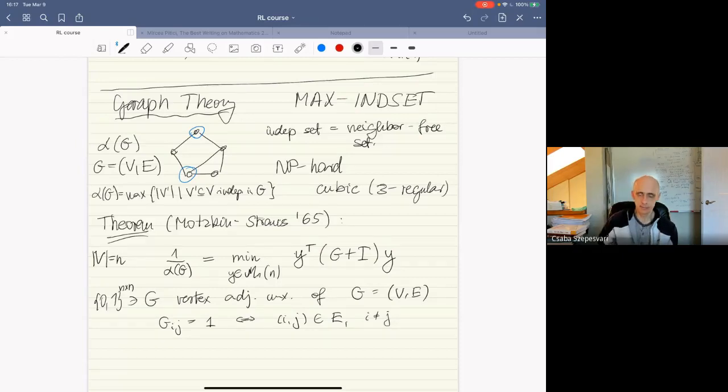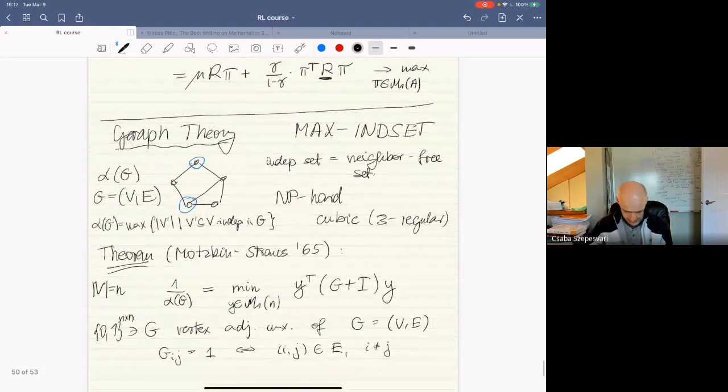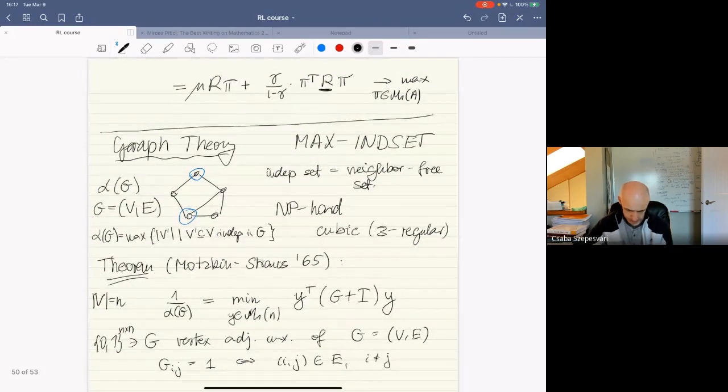Okay, so there is this theorem, and this tells us that maybe this maximization problem is hard. Well, how come? This other problem is a minimization problem, but that wouldn't stop us, because we can just choose R to be the negative of G plus I. So it is going to be a reduction. You're going to say that if I can solve the policy search problem, then I will be able to solve the maximum independent set problem in 3-regular graphs.